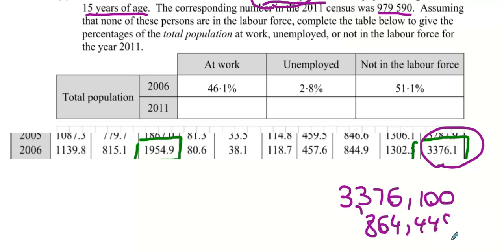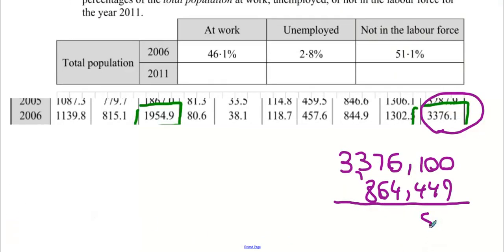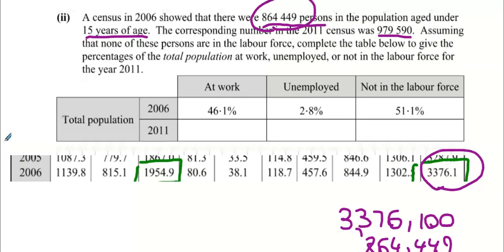Can anybody tell me what the two of them added together are? Who got 4,240,549? Huh? I'm adding the people under 15 years old onto it.